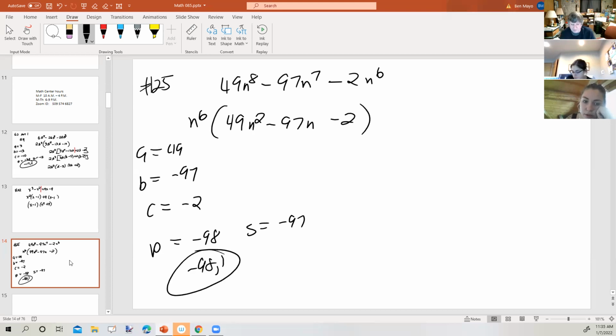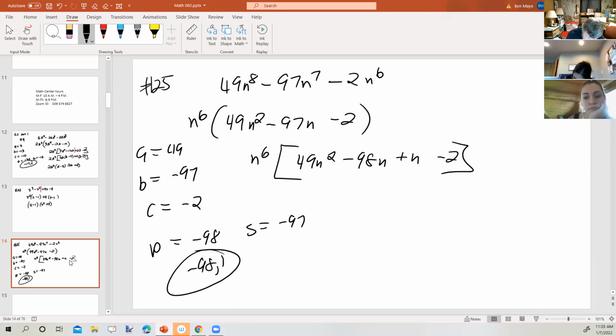Their product is negative 98. Their sum is negative 97. So we've got n to the 6th times 49n squared minus 98n plus n minus 2.